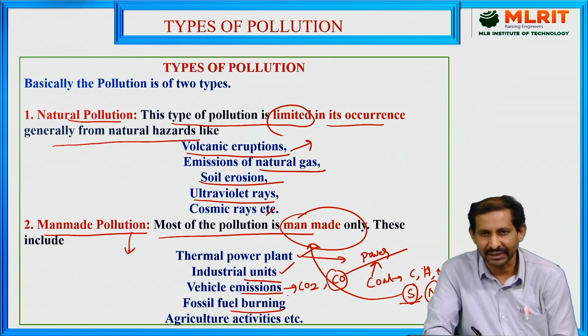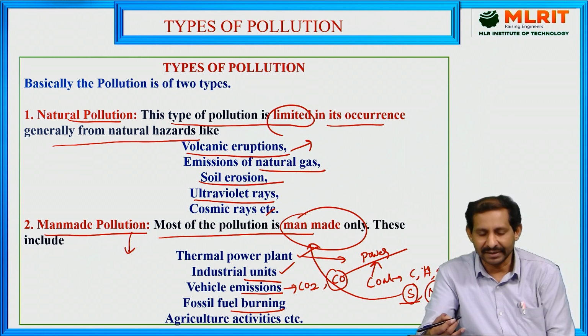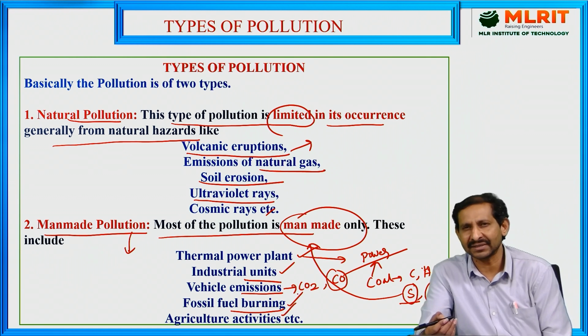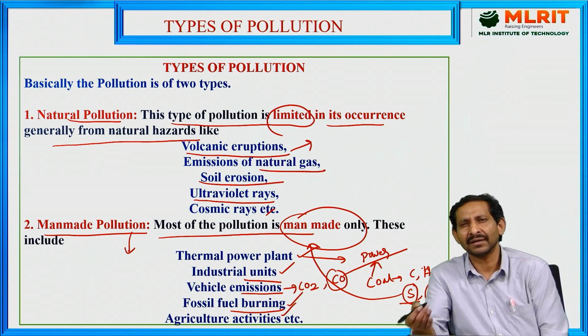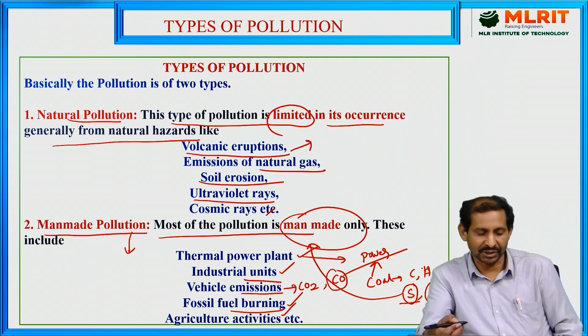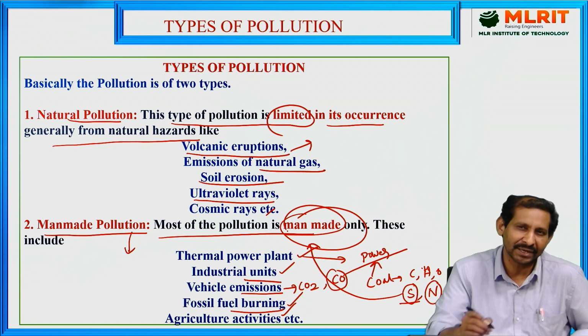Fossil fuel burning also releases a lot of air pollution related gases. Agriculture activities: after harvesting, some agricultural waste is burned, and the gases released also cause pollution. So most pollution comes from man-made sources compared to natural ones.